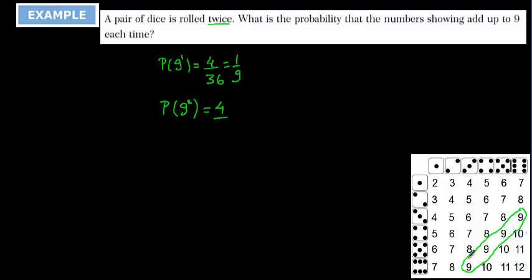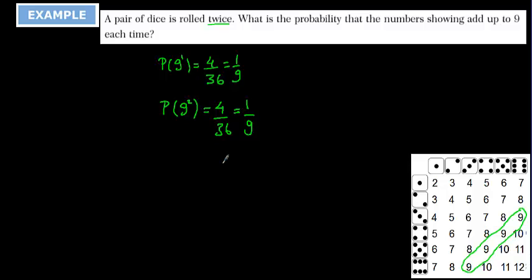How many numbers are there which are 9? Totally 4 numbers. How many are there in the set? 36. So the probability for the second time is 4/36. When you simplify, it's going to be 1/9.